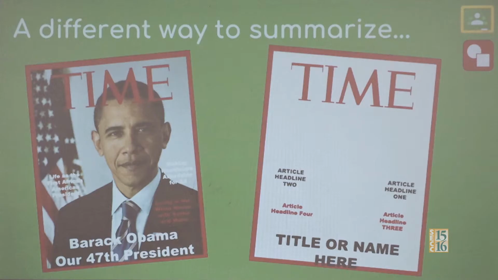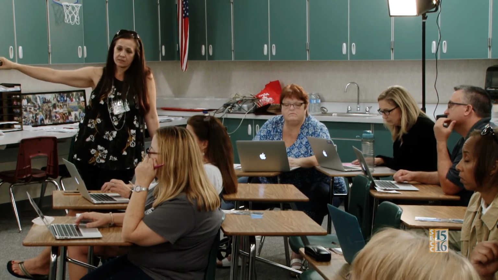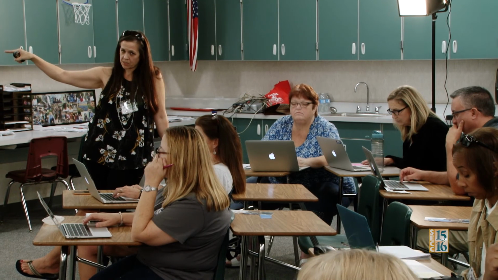And then, we can get even fancier. This particular one, we read that biography about Barack Obama, and we could have written a paragraph to summarize it. But what if instead of writing a paragraph to summarize our text about Barack Obama, we make a magazine cover? You can use templates like this in Google Draw, and this particular one, remember on the Time magazine, you click on it, it's going to tell you it's yours, you can make a copy.